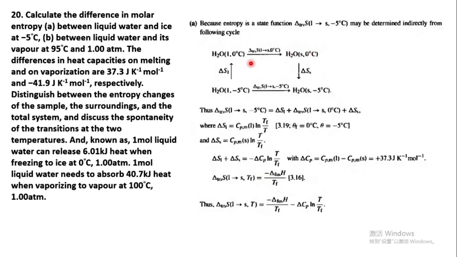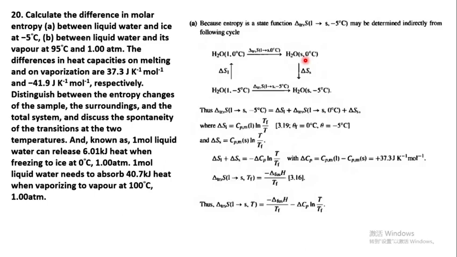This process can be regarded as a reversible process because we have the entropy change for water from liquid to solid at 0 degrees. And the third small process is also a temperature change process.